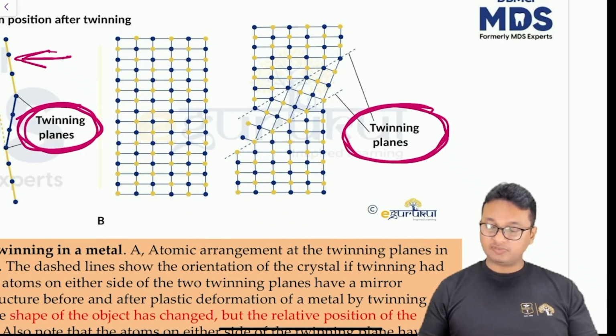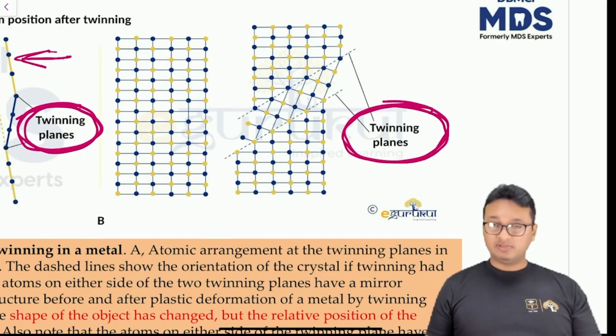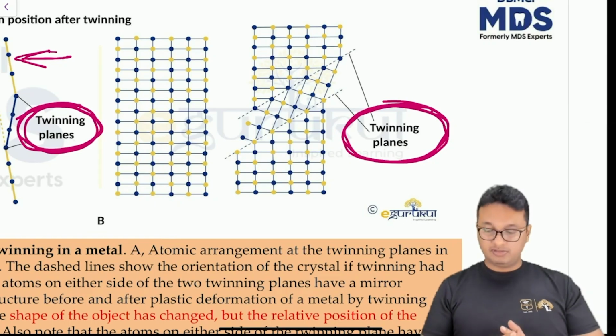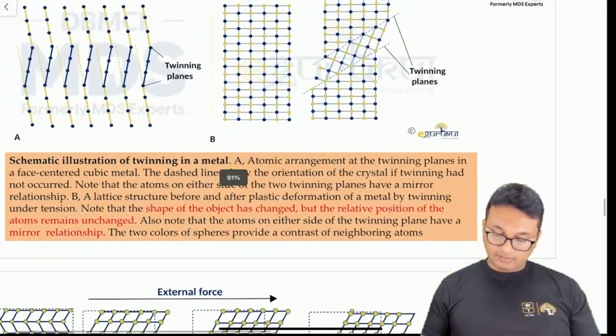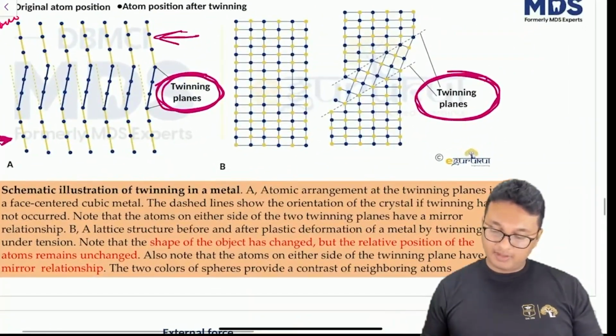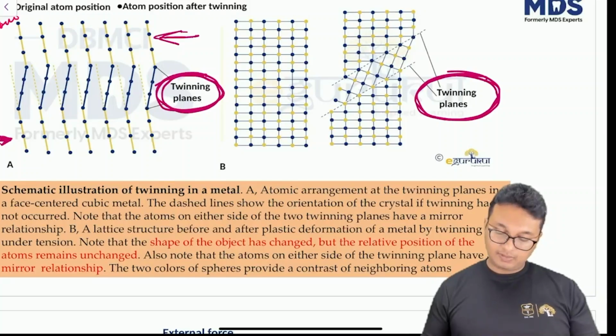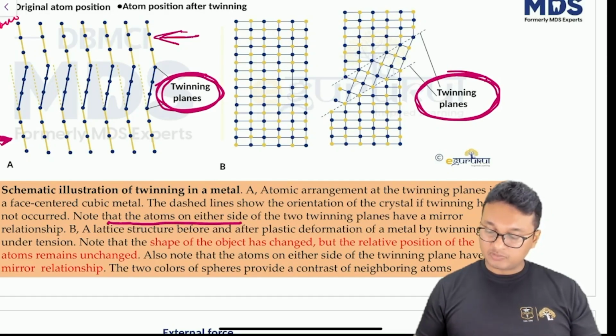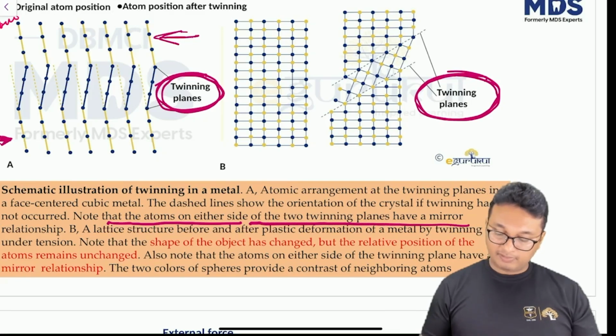Now, as soon as the forces are removed, these atoms tend to come back to their original configuration. Let me just read it out for you. The dashed lines show the orientation of the crystal if twinning had not occurred. Note that the atoms on either side of the twinning planes have a mirror relationship.